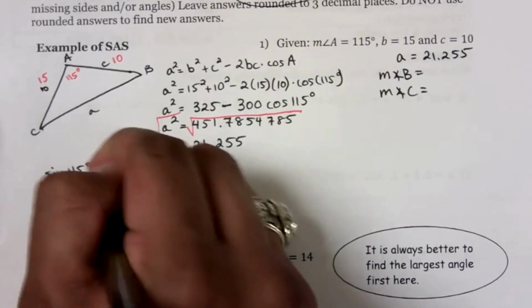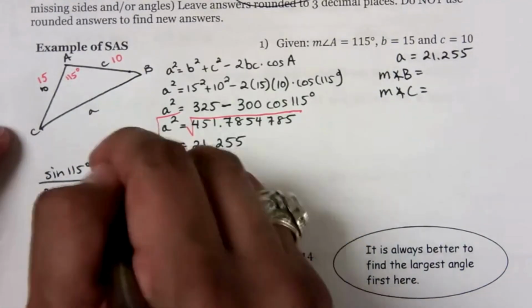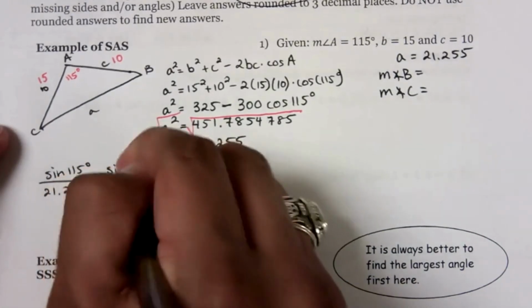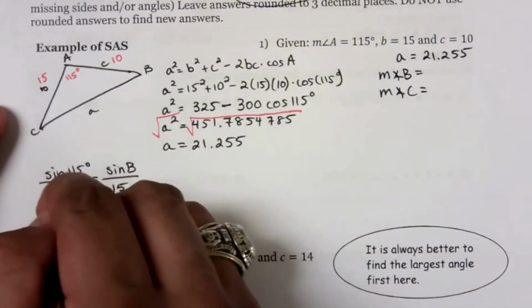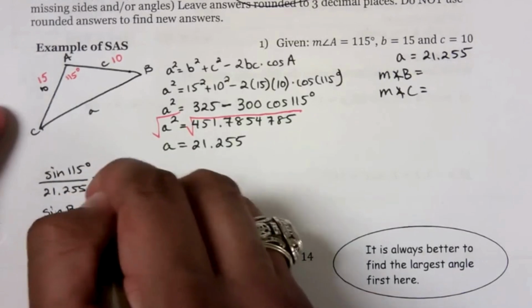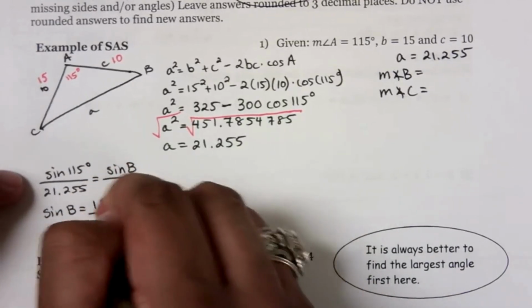And again, make sure in the calculator you don't use the rounded values. Honestly, it doesn't matter what you choose to do next. I'm just going to do sine of B.